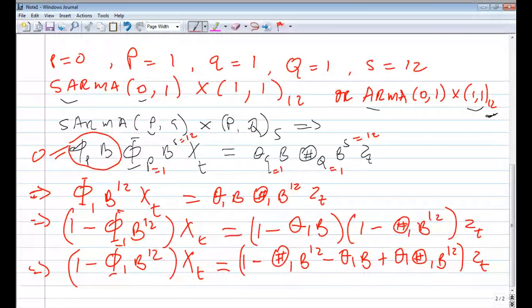So you have to know how to write it in backshift operator, in a normal way, and in the form of SARMA (0, 1, 1, 1)12 and all this stuff.